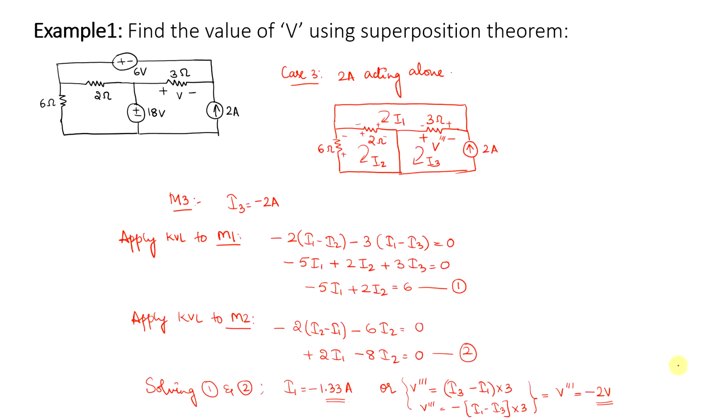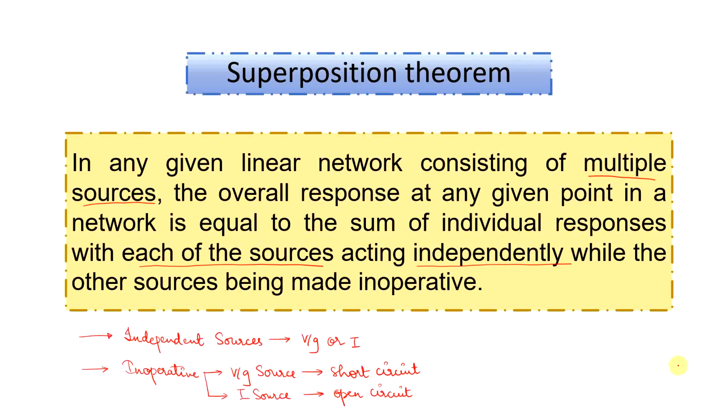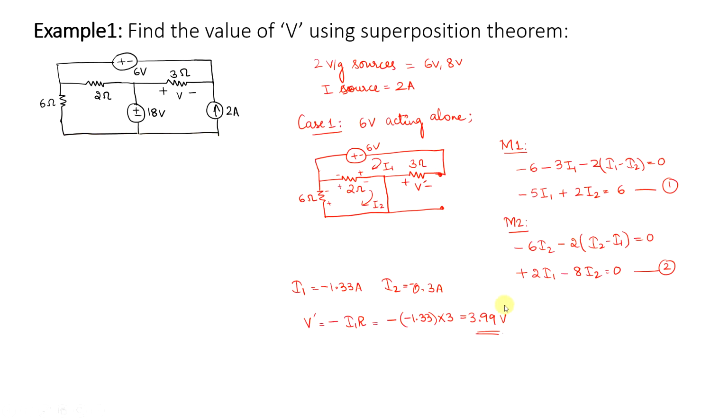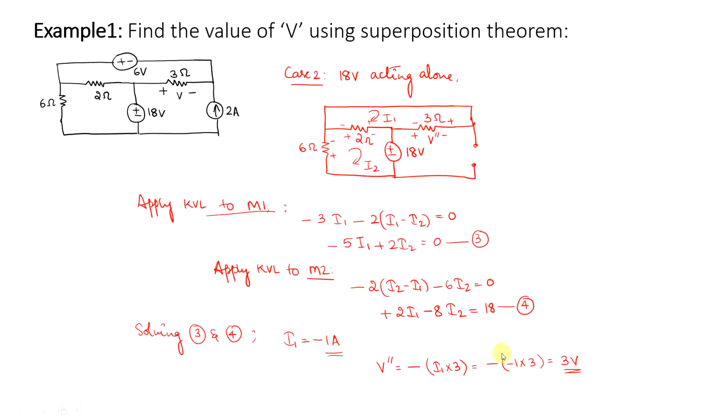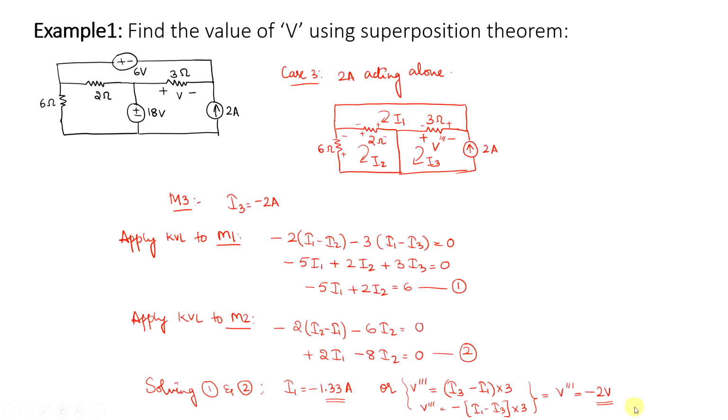Now the superposition theorem says that you have to compute the value independently, right? Of all the sources acting independently, but the resultant will be equal to the sum of individual responses, right? So in the case 1 you got V dash as 3.99, in the case 2 you got V double dash as 3 volt, and in the case 3 you got it as V triple dash. So finally the value of voltage V will be equal to V dash plus V double dash plus V triple dash.